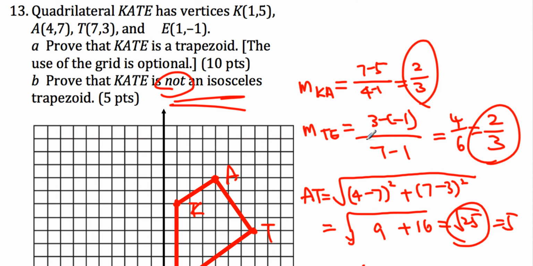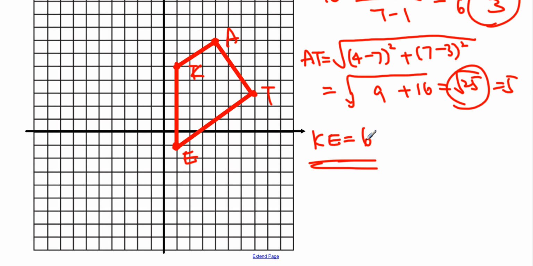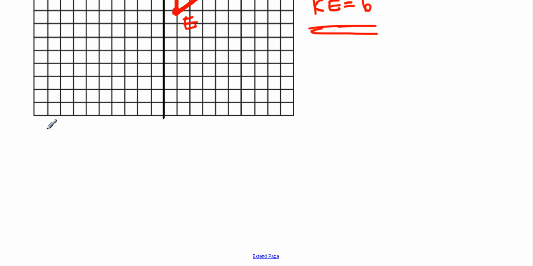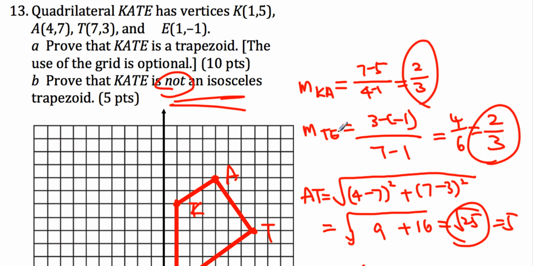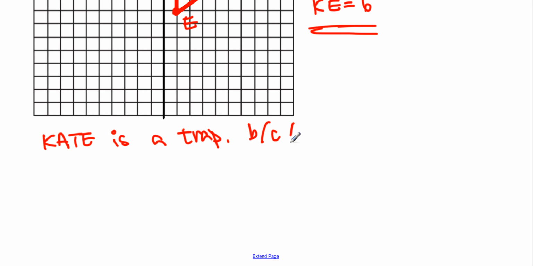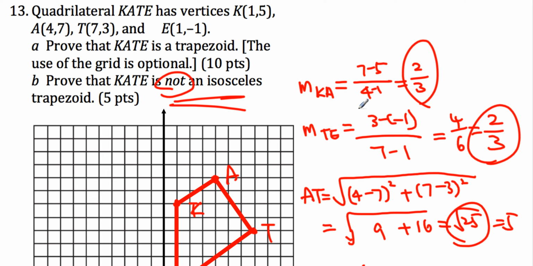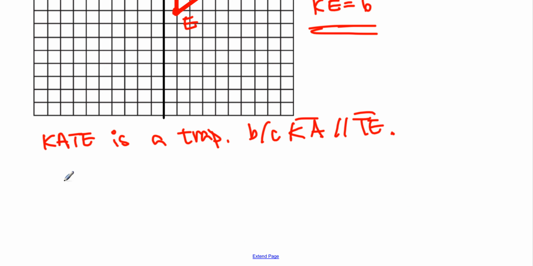So all we have to do is write up the statement here. KATE is a trapezoid because KA and TE are parallel.